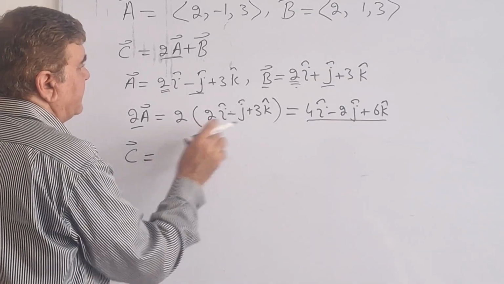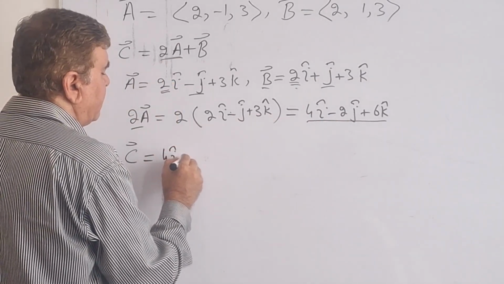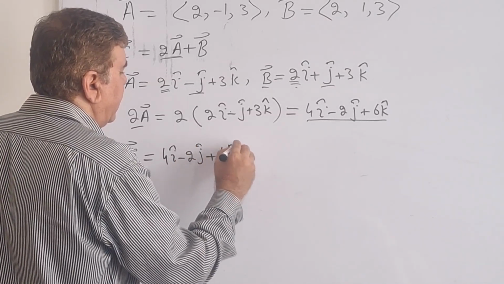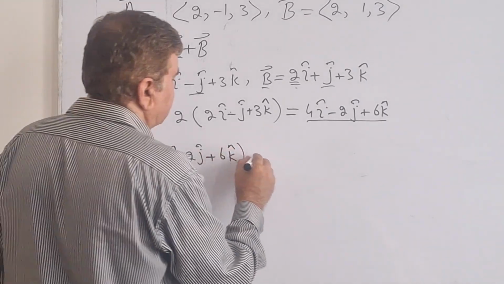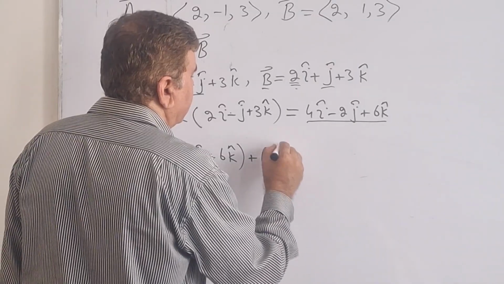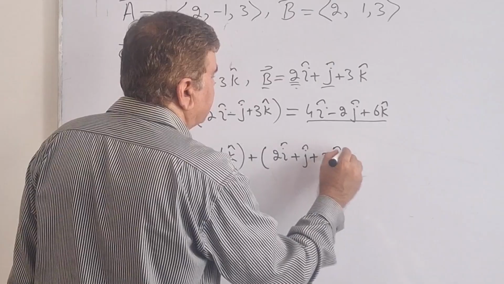I can write this as 4i minus 2j plus 6k for 2A, and then plus the value of B, which is 2i plus j plus 3k.